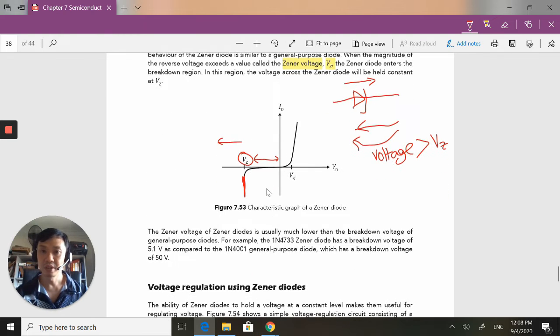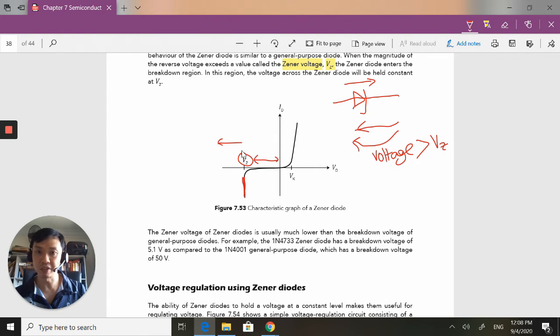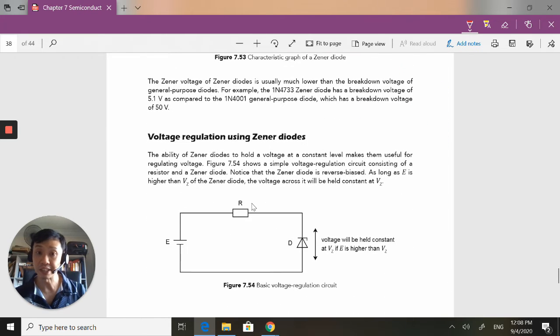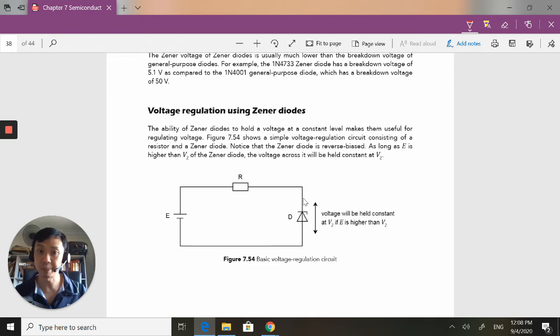If over here you tell me that the voltage doesn't move, it stays there, well, if that's the case, there are certain situations where we want the voltage to be constant. So if we want the voltage here to be constant, I can put a Zener diode here.